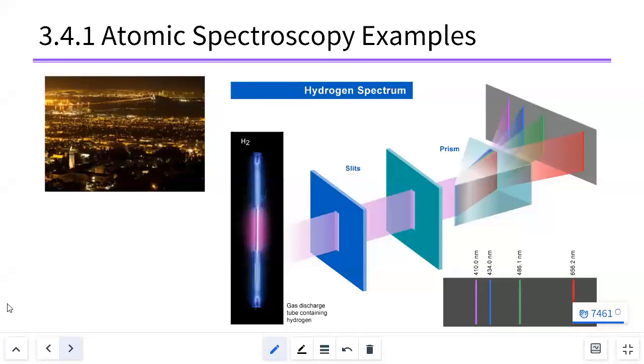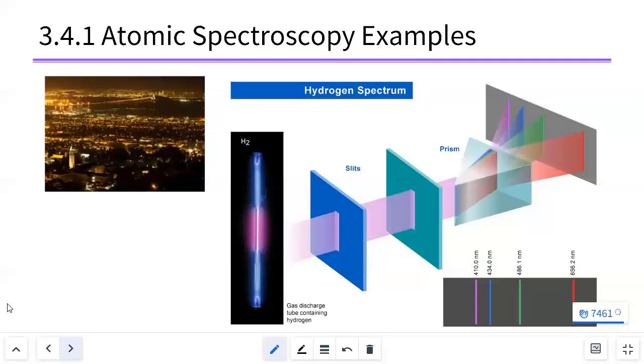And the other thing that's really weird about these lines is that they are always in the same exact place, same exact energy, same exact wavelength, always.